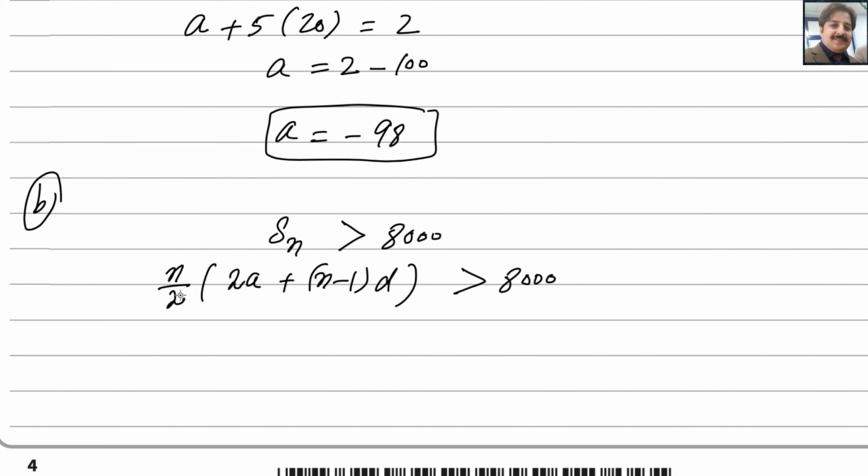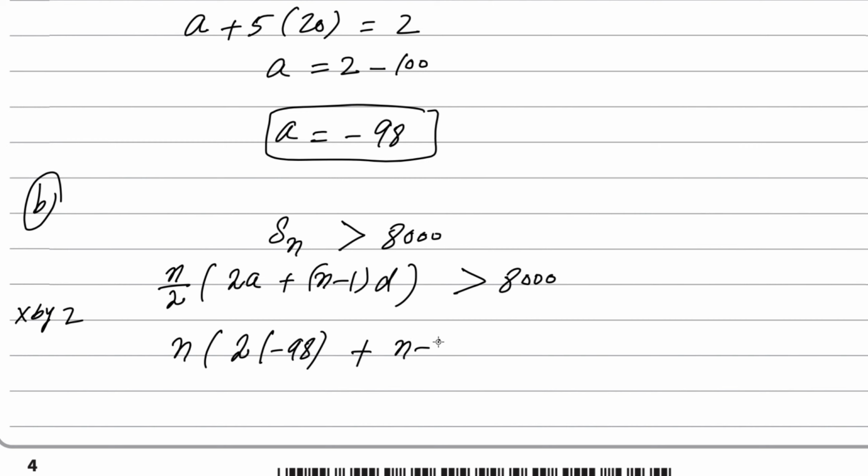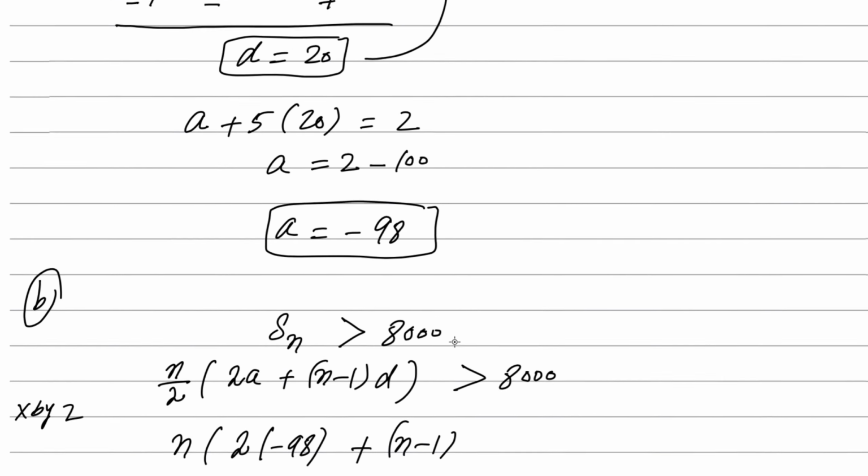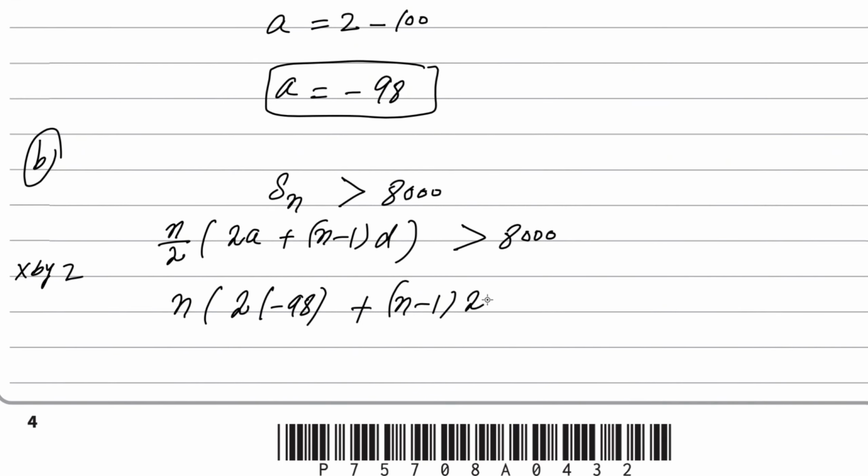To get rid of this fraction, you can multiply this 2 to the other side. Multiply by 2. So it will be n into 2 into a, value of a is minus 98, plus n minus 1 into d, value of d is 20. And greater than 16,000, because this 2 will multiply to the other side.